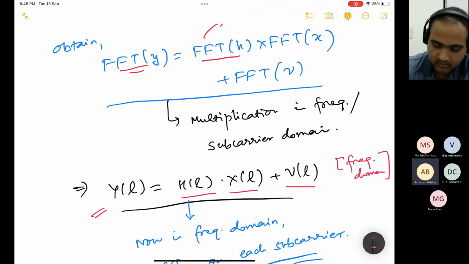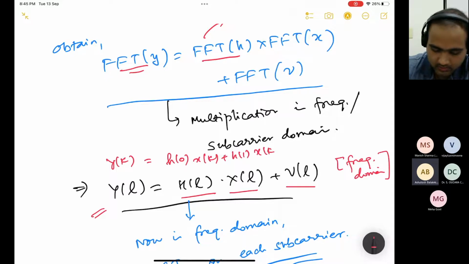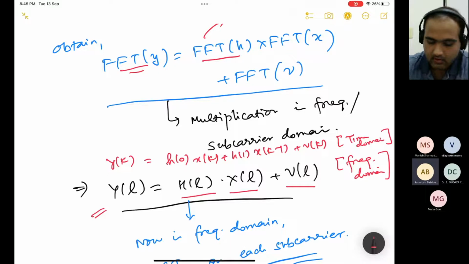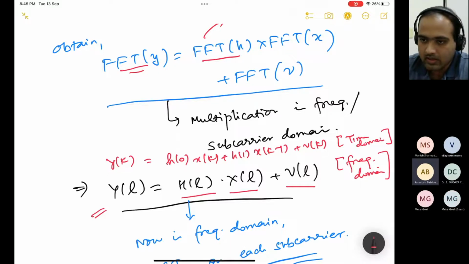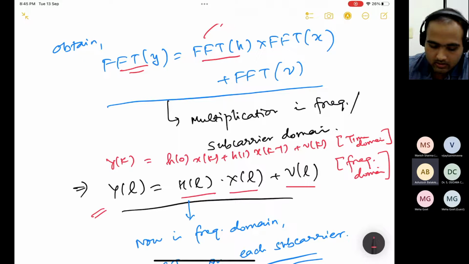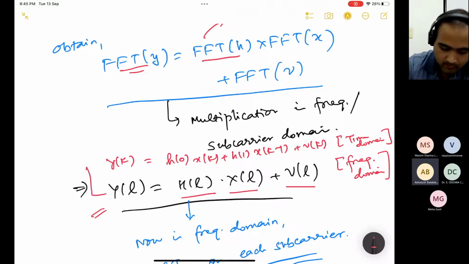In the time domain, if you remember, we had Y_k = H0 x_k + H1 x_{k-1} + V_k. So what you are seeing is that when we use the transform to convert the symbols from the time domain to the frequency domain, this is the new signal model.